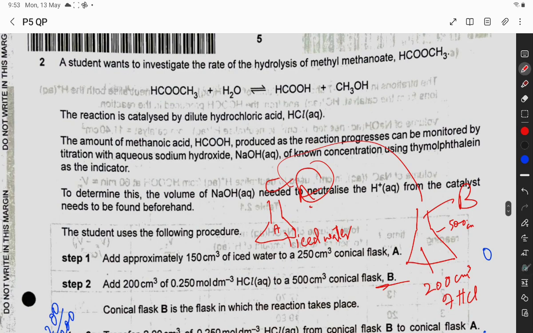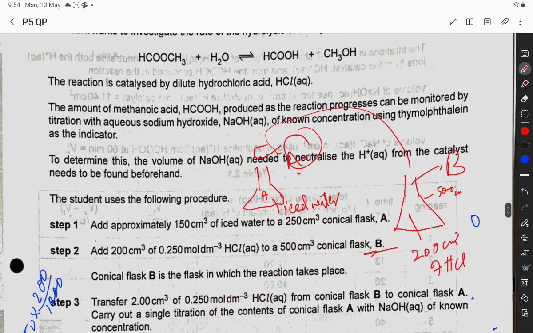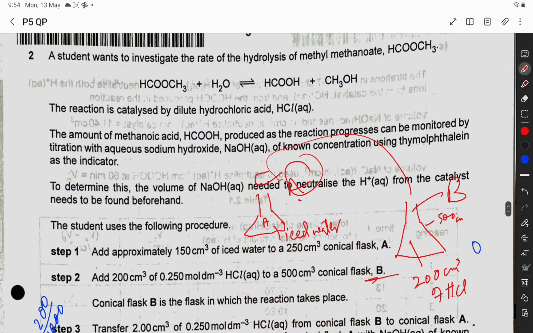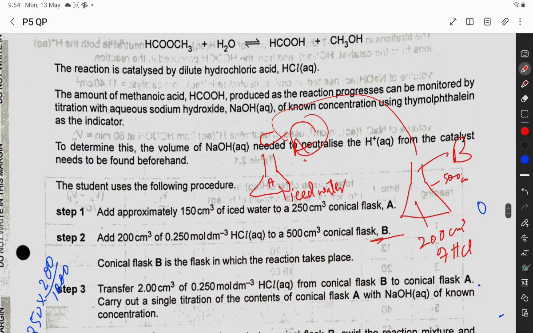Question number 2. Students want to investigate the rate of hydrolysis of methyl methanoate. This is a methyl ester, hydrolyzed to form methanol and methanoic acid. The reaction is catalyzed by dilute aqueous hydrochloric acid.